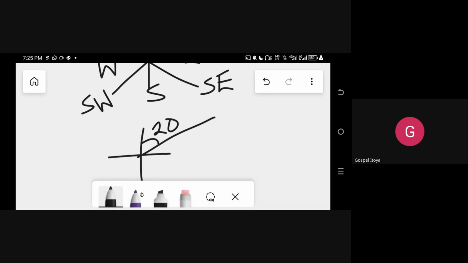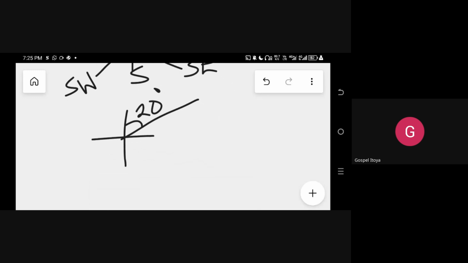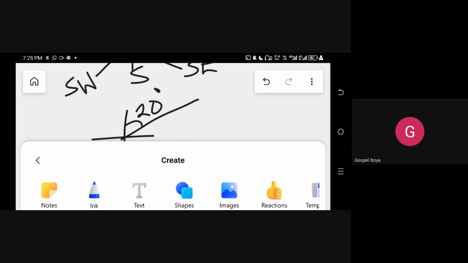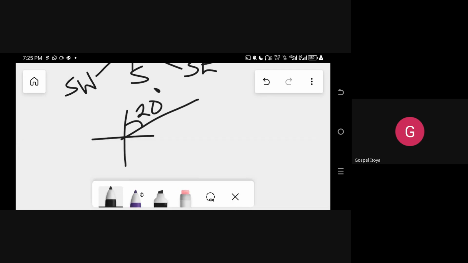What would be the compass bearing of this position as illustrated on the compass? Let us say that this is a car. This car is parked using this bearing. How would you interpret the position of this car?